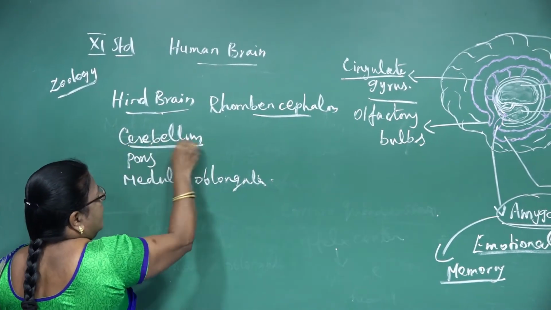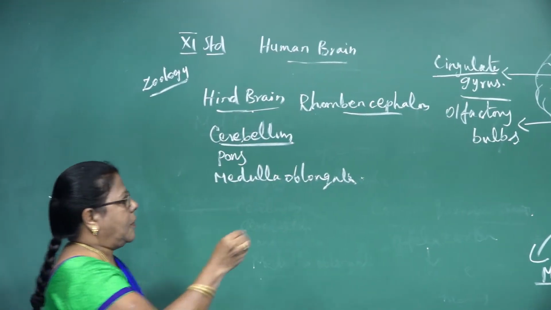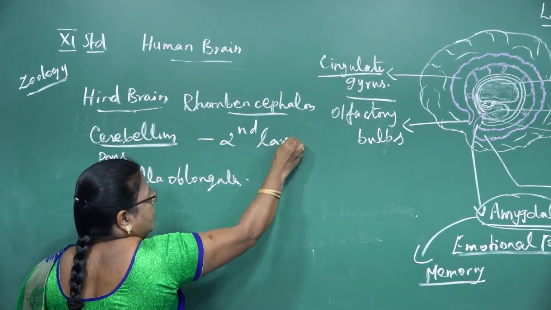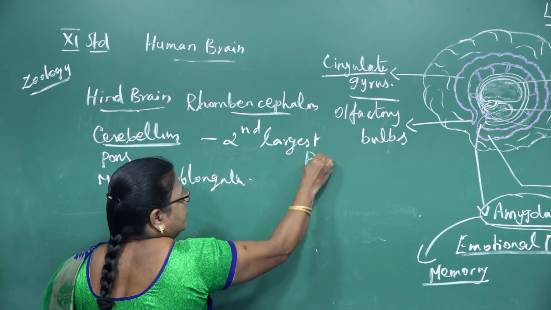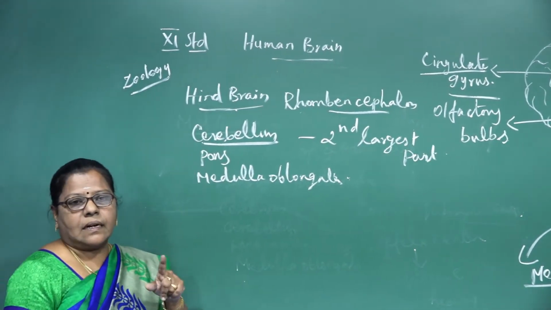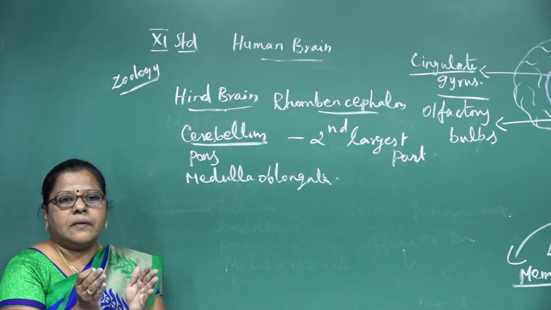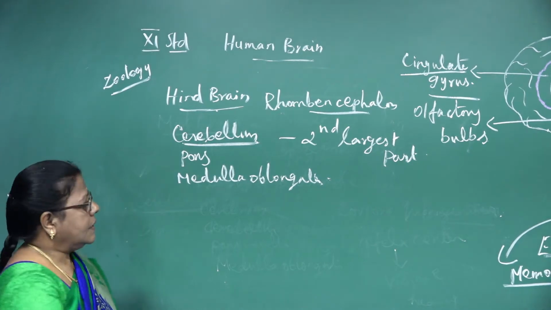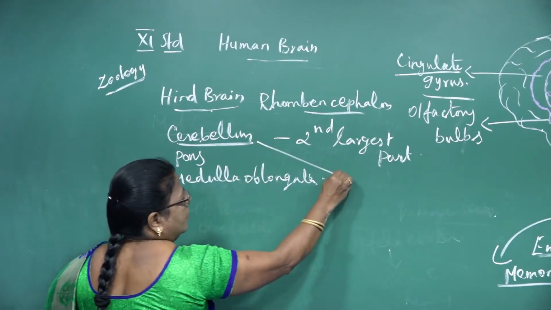The cerebellum is the second largest part in the brain. It has two hemispheres, called the cerebellar hemispheres. In between the two hemispheres, there is a worm-shaped structure that is called vermis.